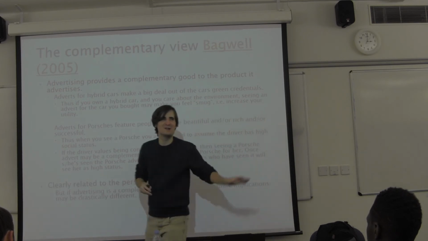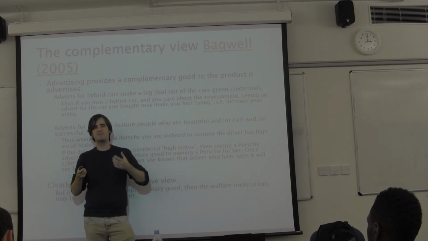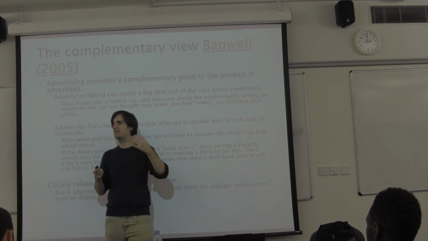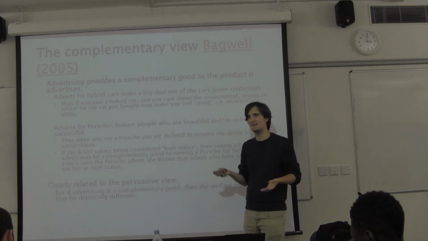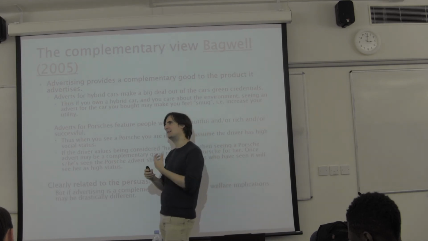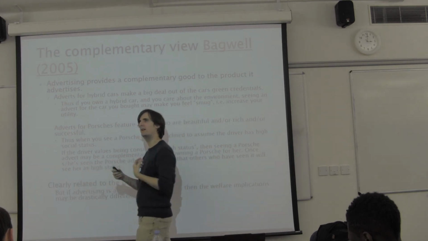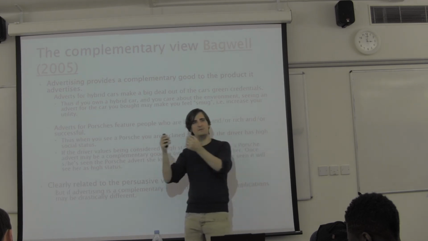Because once you've seen the advert, you realise that other people will have seen the advert as well, and those people that see it will then be thinking that you're attractive and high status and rich and all of these things. So seeing the advert tells you that it's going to have this effect on other people, and other people are going to associate you driving the car with being attractive.